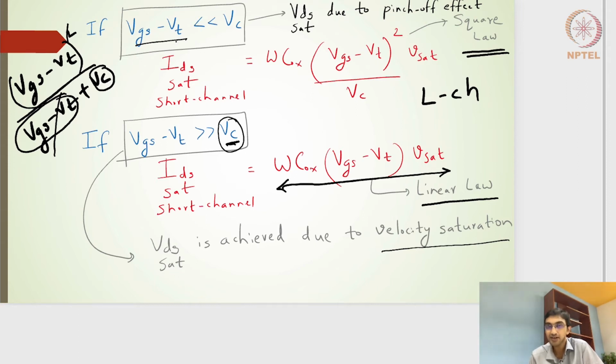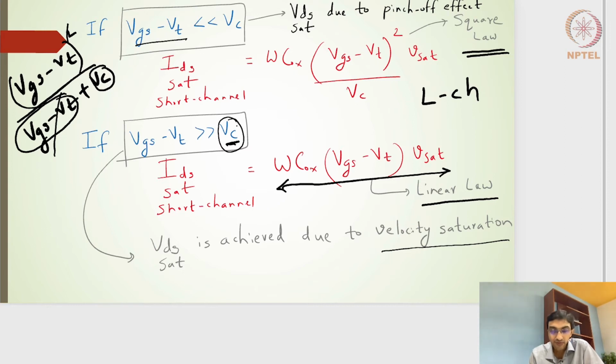The channel starts from the source to the drain, so there is no channel formed at the drain side. That is why it is called a pinch-off region. The channel is absent at the drain side, and thereby we get the saturation current. So if the VGS minus VT value is less than the VC value, then the current attains saturation due to the pinch-off region, very similar to the long channel model which we have seen.